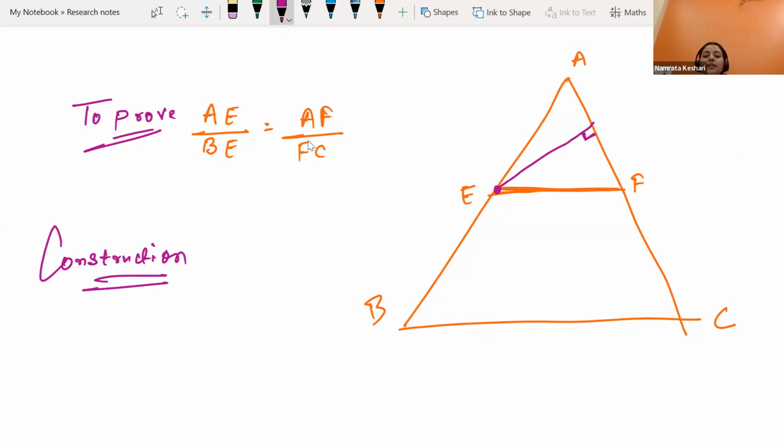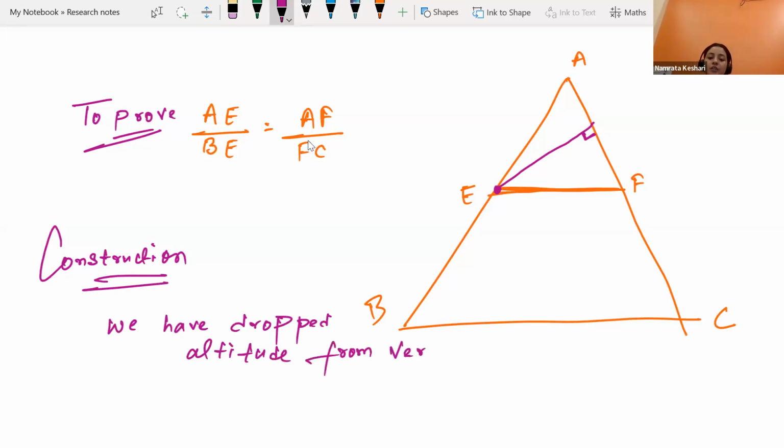Okay, and we are calling that we have dropped an altitude from vertex E. Altitude means a 90-degree line we have dropped.